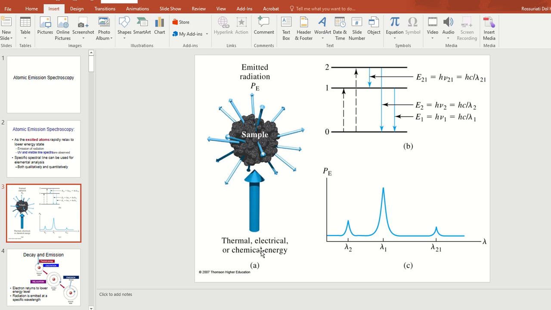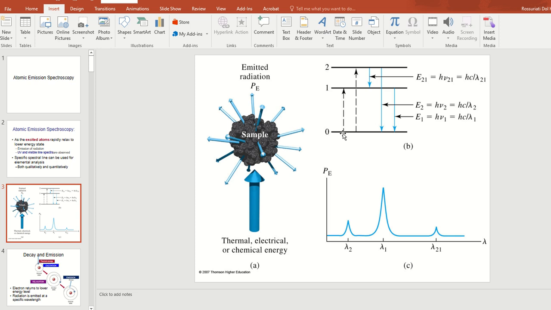Let's say we apply some electrical energy, and then radiation is emitted and directed into the sample. This sample will absorb the radiation, because in this slide we focus on the atom.